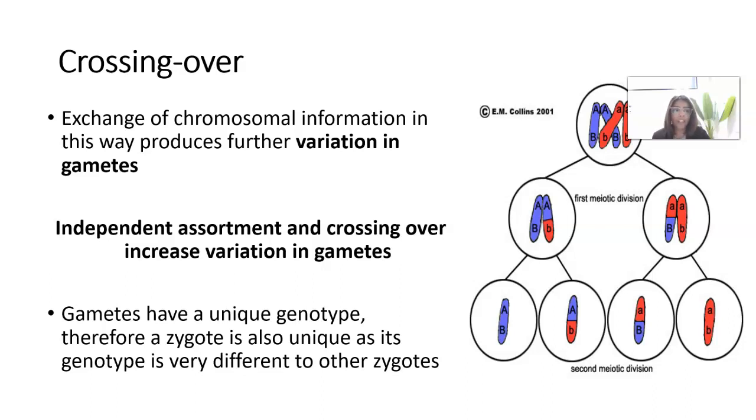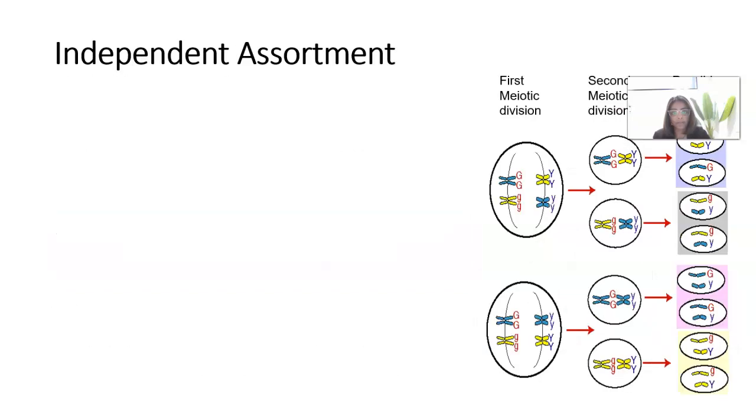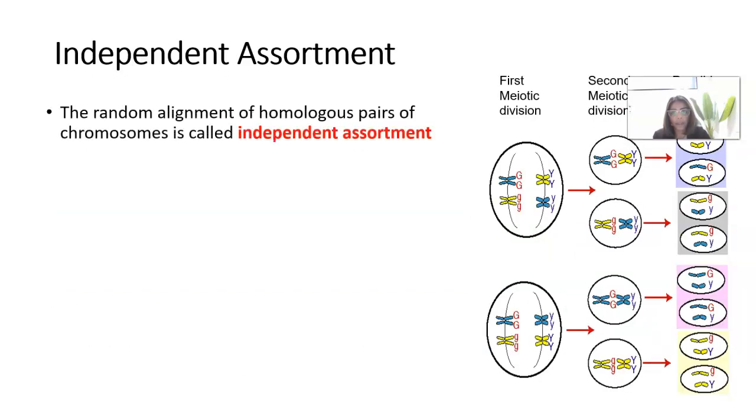So whoever lines up first, second, third, fourth, and fifth, and so on, is going to be a different sequence each time. And the same kind of principle can be applied to independent assortment of chromosomes. So if we look at independent assortment, the random alignment of homologous pairs of chromosomes is what independent assortment is.